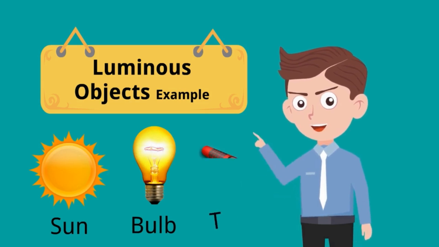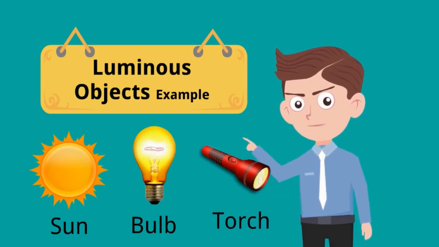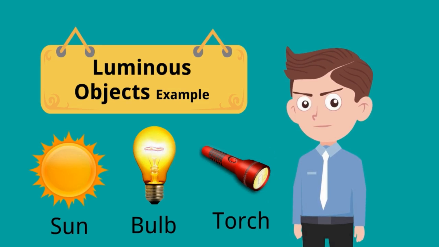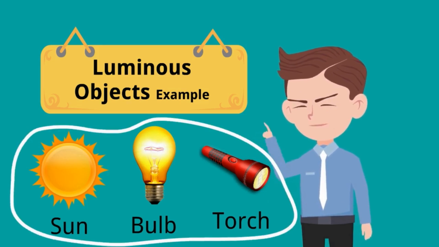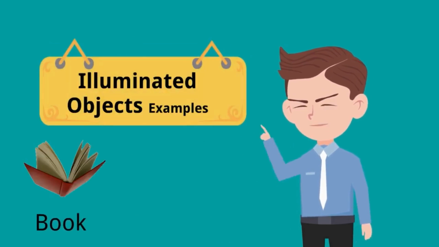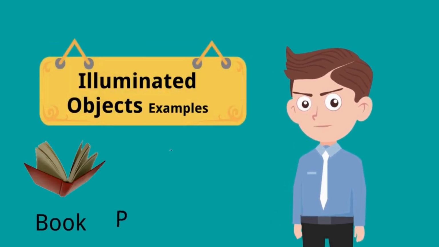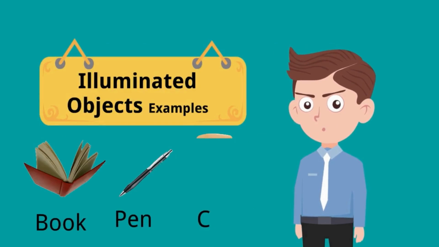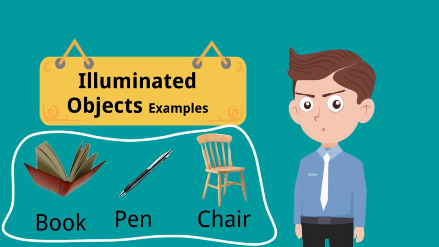And in the same way, a torch gives light, so a torch is a luminous object. These are known as luminous objects. And illuminated objects, for example, a book or pen or chair or stones, anything which cannot produce light but is only able to reflect. These are known as illuminated objects.